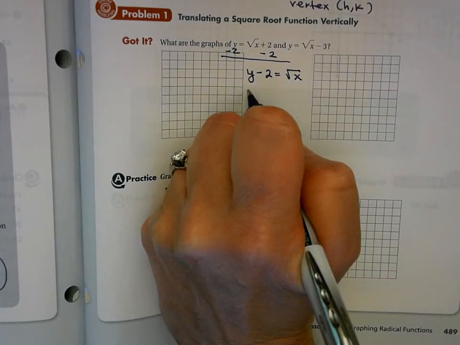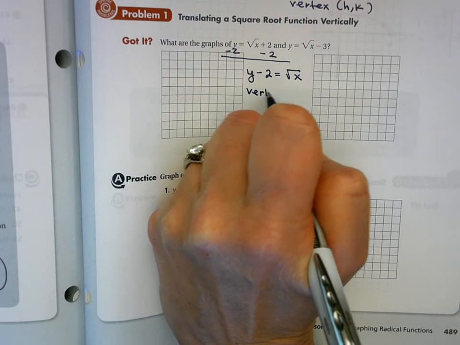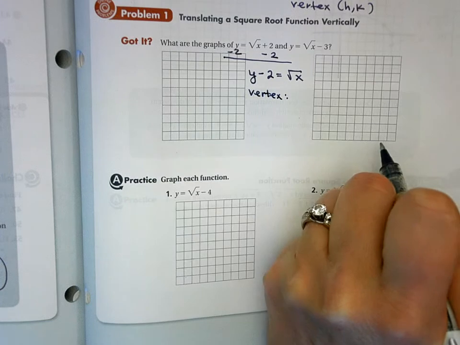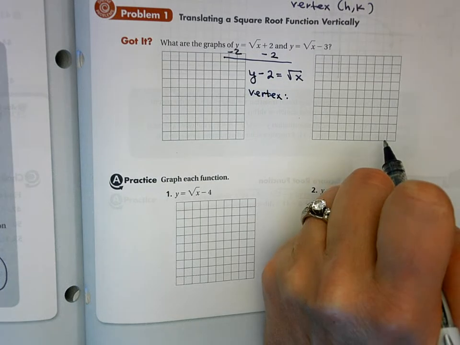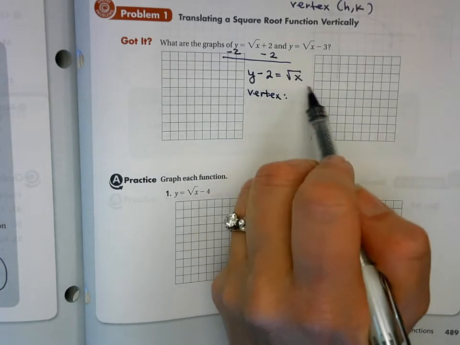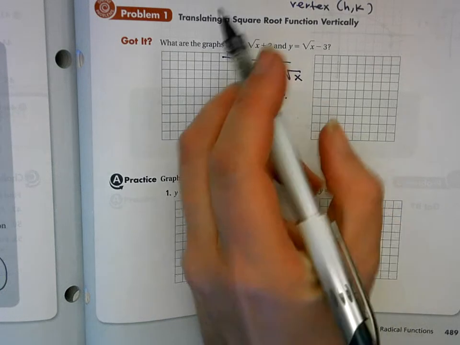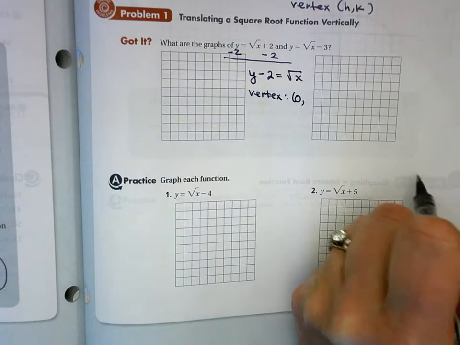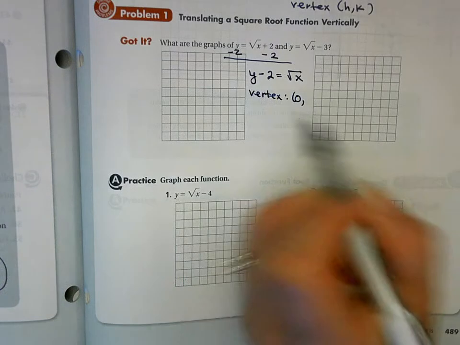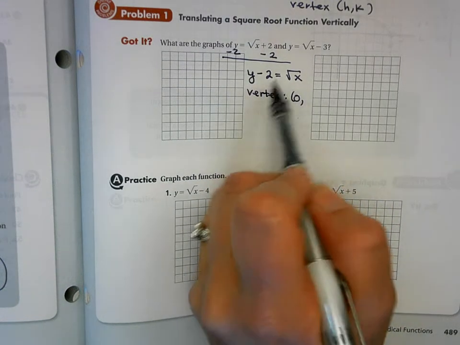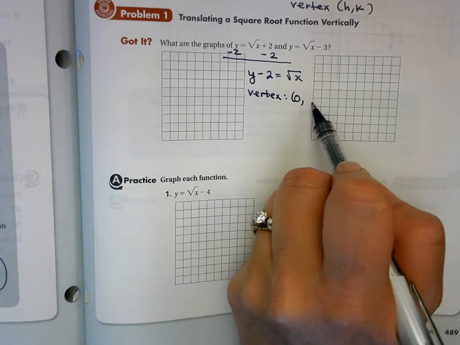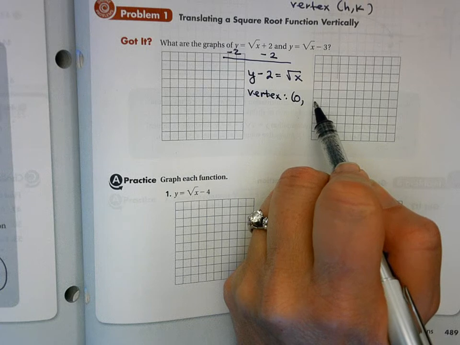So then I figure out, what's my vertex? Where do I start? I look to see what's affecting the x and what's affecting the y. With the x, am I adding or subtracting anything? No, so I just use 0. And do I have a number with the y? I do. Should I be using 2 or negative 2? I should be using 2.